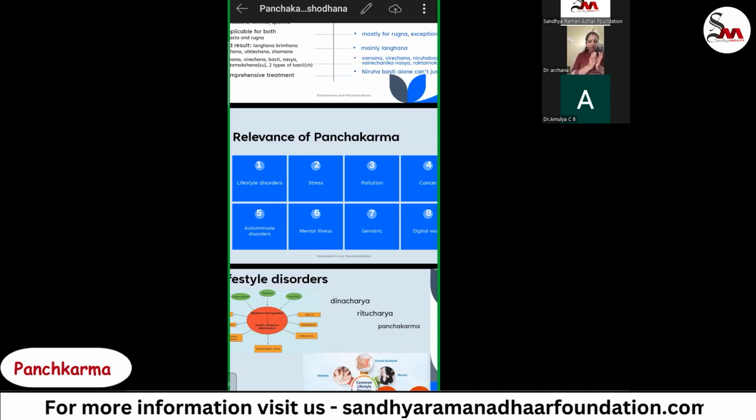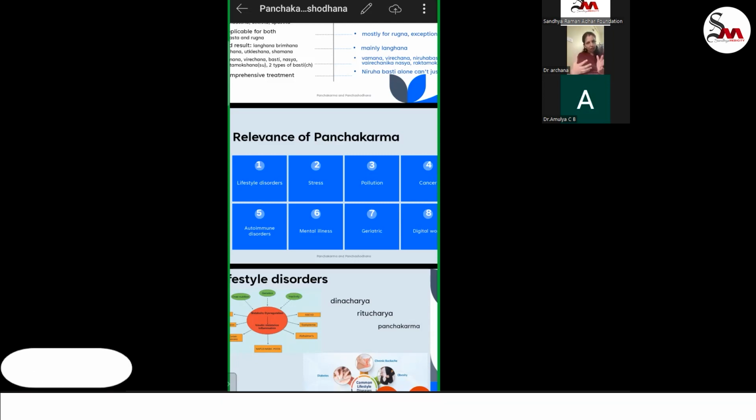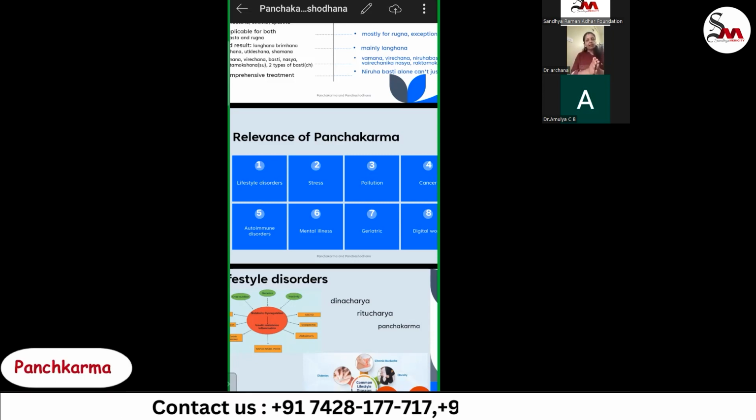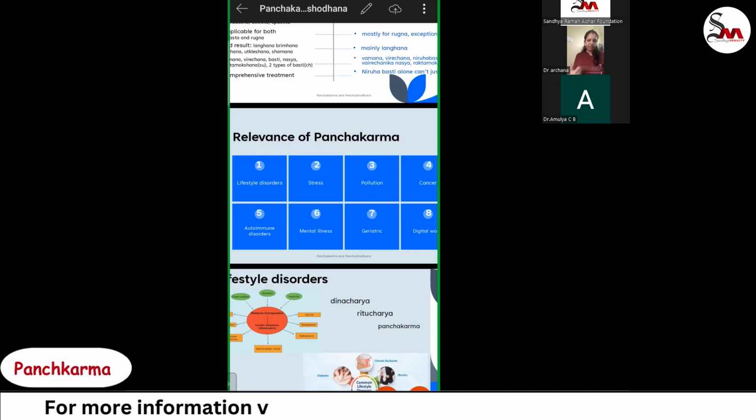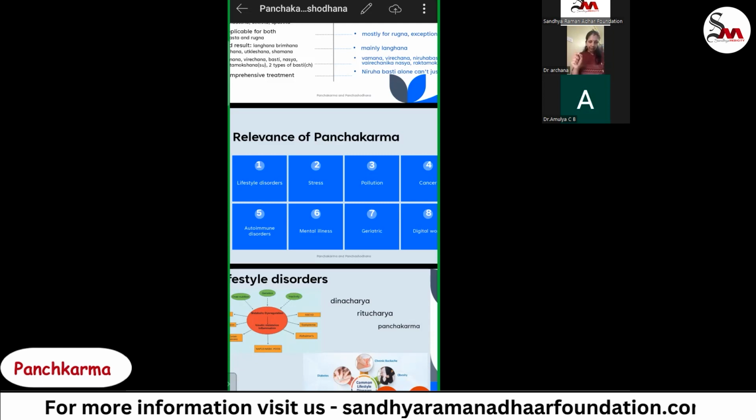Whatever Rutu Swabhava Kupita dosha is there, that is, according to Rutu there will be Sanchaya and Prakopa of doshas, you can overcome the effect of these Rutu Swabhava Kupita doshas by the Shodhana. That is Malapaham. Second is Rogaharam. Whatever the Nidanas may be, when you undergo Panchashodhana or Panchakarma, it is going to do Rogaharam.